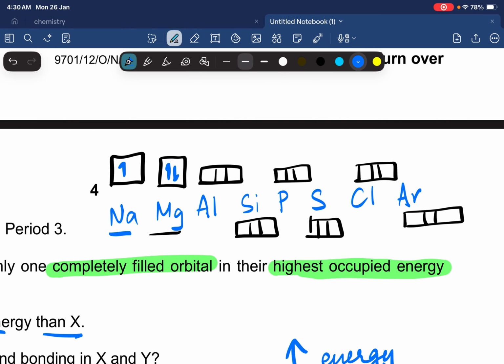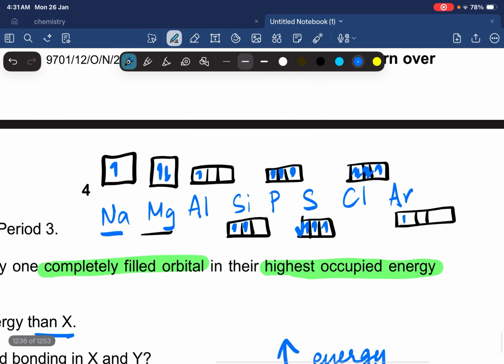Now aluminum is going to have 1 electron in one of the 3 P orbitals. Silicon is going to have 2 electrons like this. Phosphorus is going to have 1, 2, and 3. Sulfur is going to have 1, 2, 3, and then the 4th one right here. Chlorine is going to have 1, 2, 3, 4, and the 5th one here.